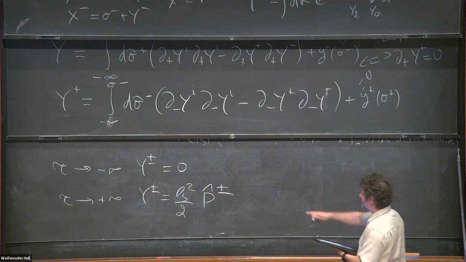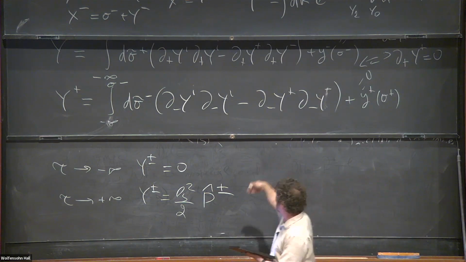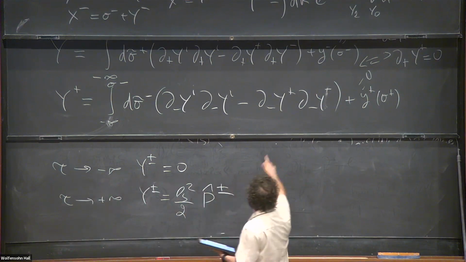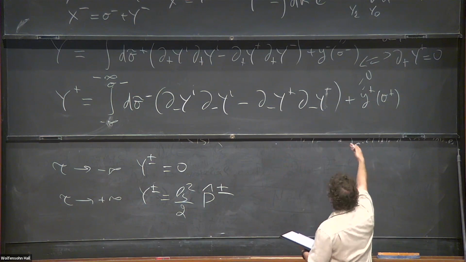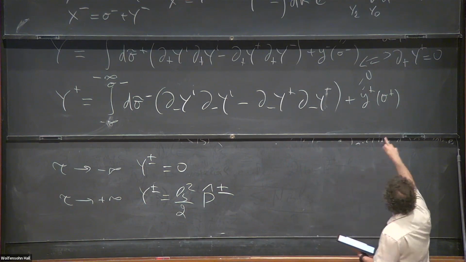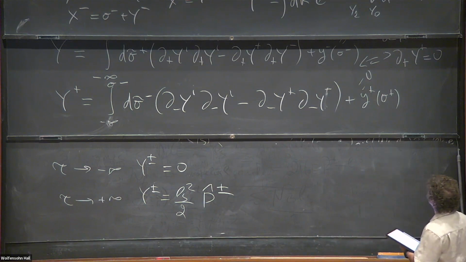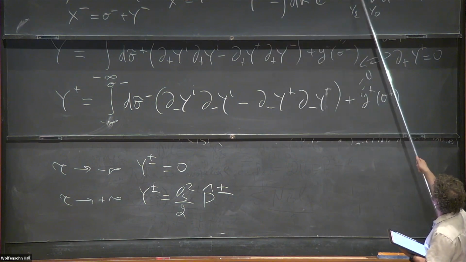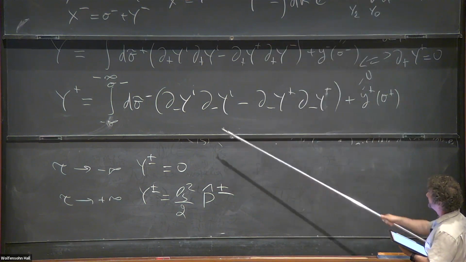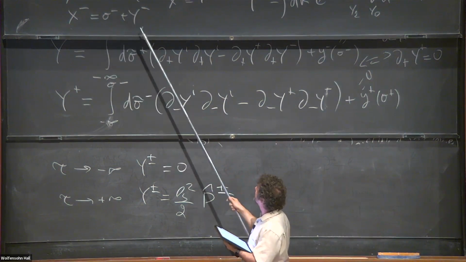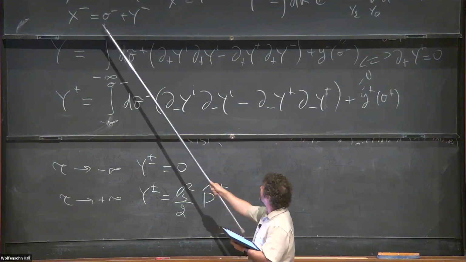Hence, by using these two relations, I can now rewrite the Fourier expansion of yi's, not in terms of sigma and tau, but in terms of these physical variables.